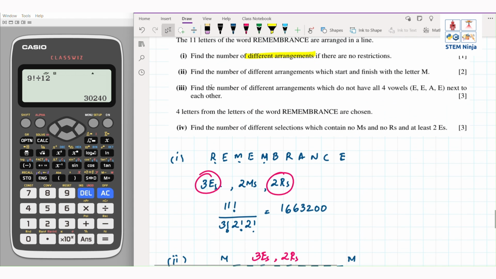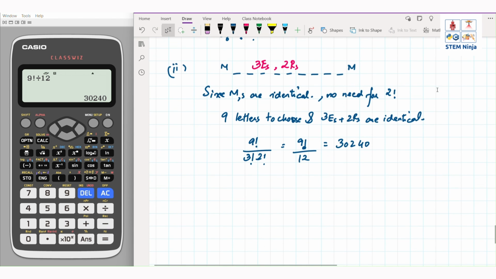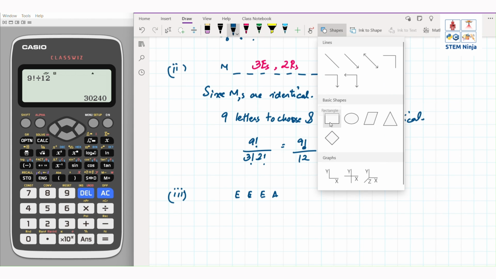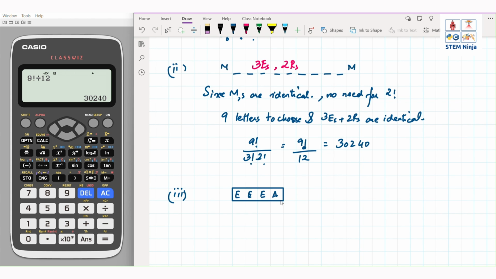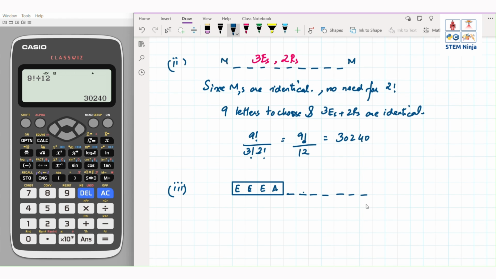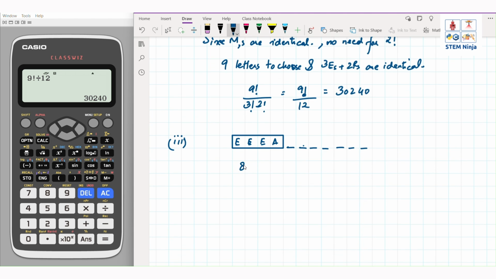All right. Find the number of different arrangements which do not have all the 4 vowels next to each other. So we have 3 E's, 1 A. E's and A, this is the unit for the vowels. And then you have 7 rest, 1, 2, 3, 4, 5, 6, 7. So basically, in total, we have 8 units.